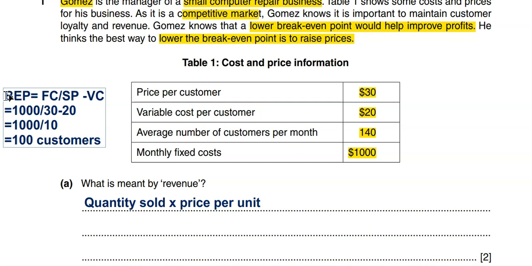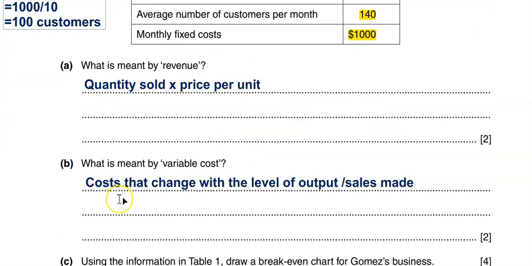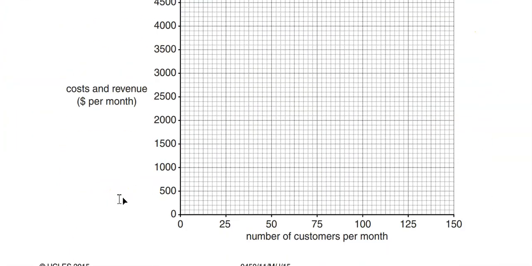Remember, break even means when the total cost of the business is equal to the total revenue of the business. So if I go back to my question here, I know that Gomez would break even at 100 customers, right? So the first thing I know here, and remember this is really important, is that Gomez will break even at 100 customers.